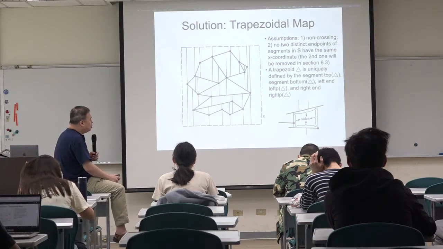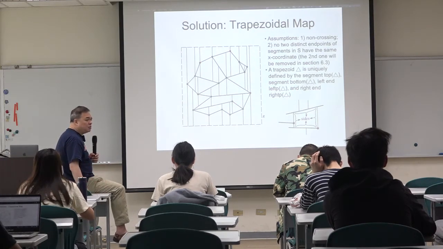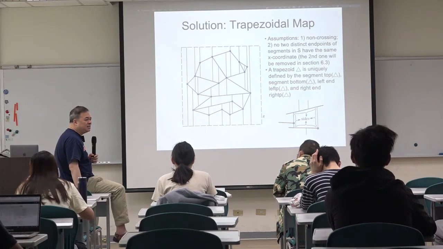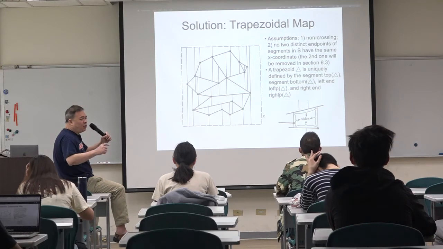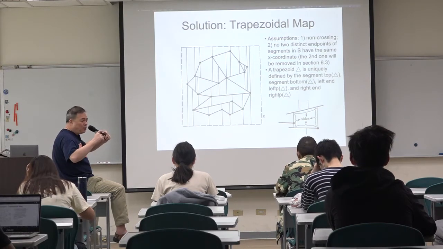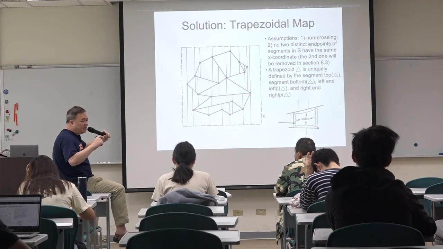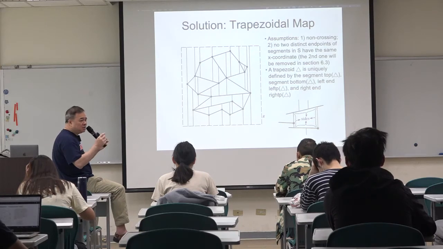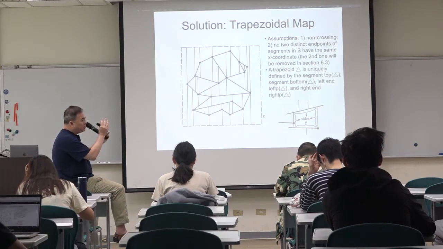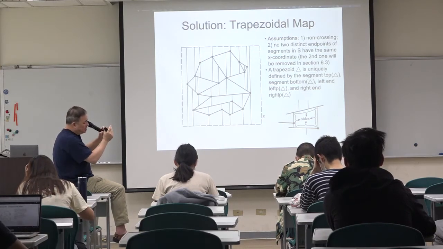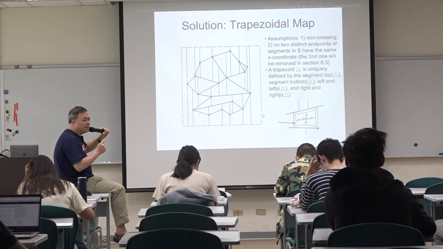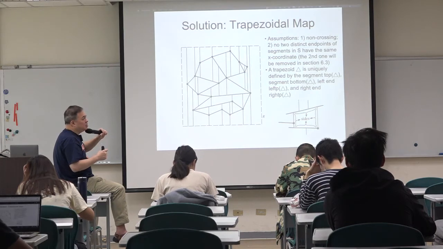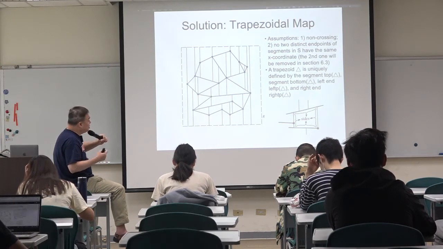But in that case, we consider it is also a trapezoid. It's just like one side of the trapezoid vanished, which is supposed to be parallel to the other one, but the length happened to be 0. That's a special case trapezoid. We still call it a trapezoid, even though it looks like a triangle.